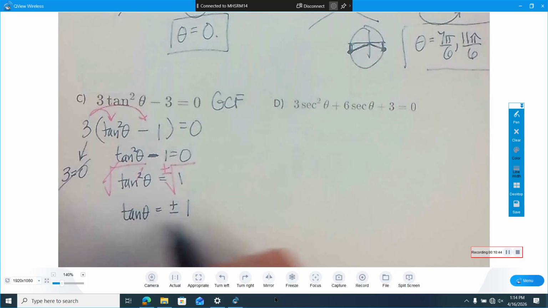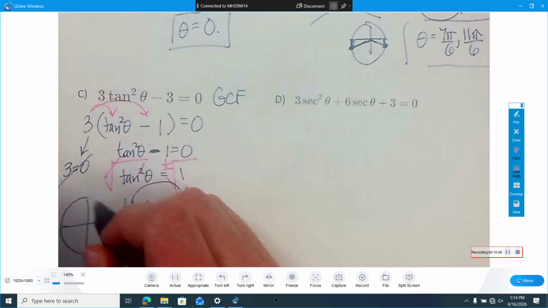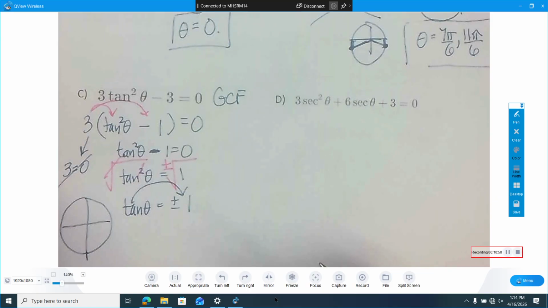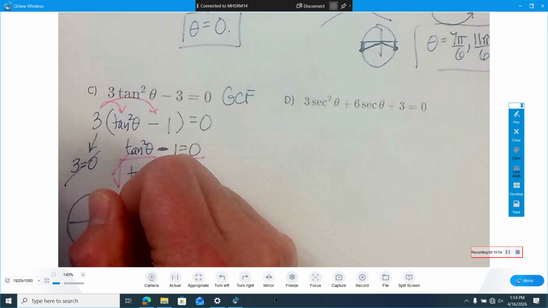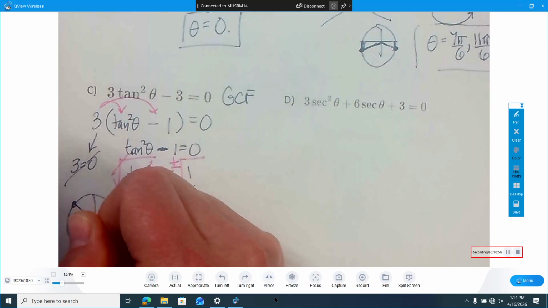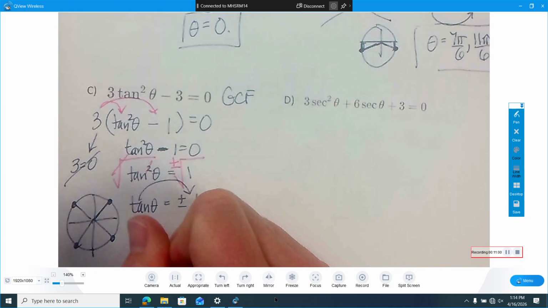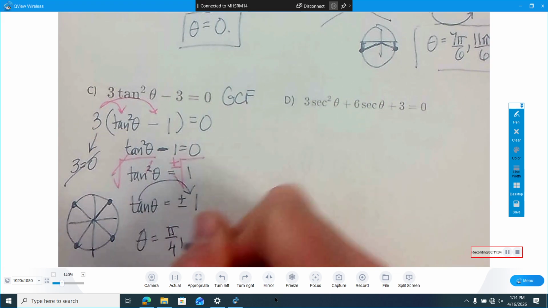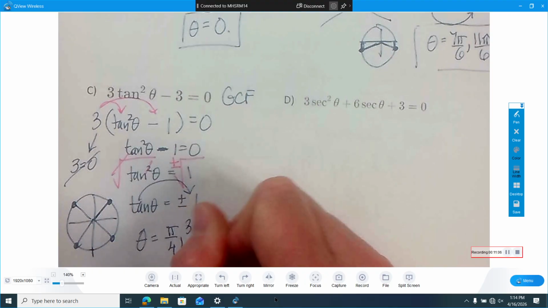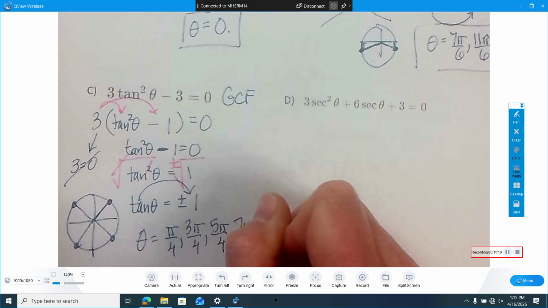And so here, we want all the places on the unit circle where tangent has a value of positive or negative 1. Where does that happen? All the over 4s, yeah. So tangent is the y over x coordinate, sine over cosine, and all the 4s. So 1 pi over 4, 3 pi over 4, 5 pi over 4, and 7 pi over 4.